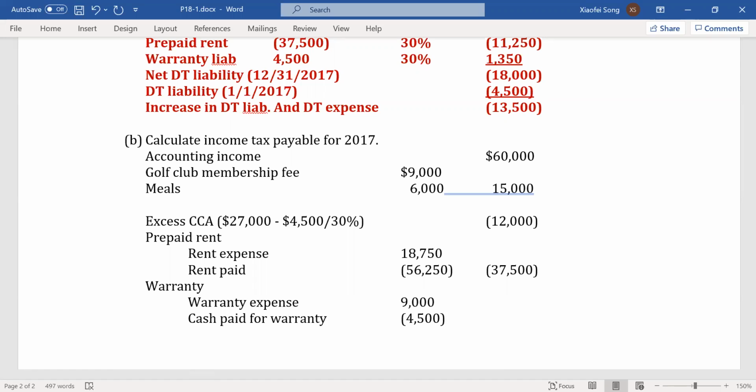So the total adjustment is 4,500. Adjusting all that from accounting income, we arrive at taxable income, which would be 30,000.